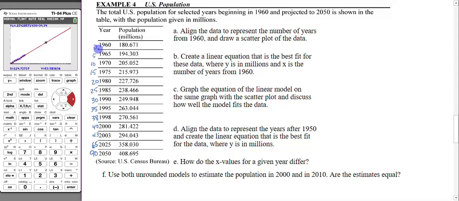So be careful not to fall into a pattern of just going by fives. They will throw different numbers there at you. So we're going to make our scatter plot.